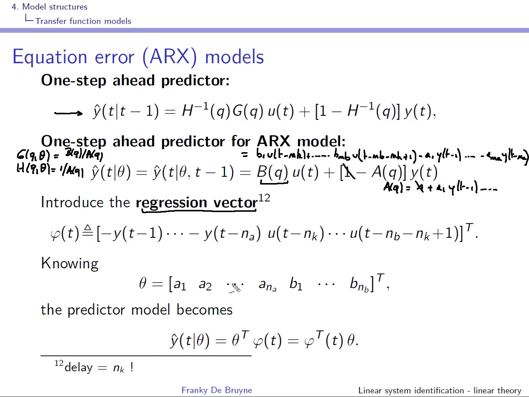We had already defined the parameter vector, which is also a column vector, so both are column vectors. And, you have had a course on linear algebra, you can rewrite this expression as the scalar product of this vector times this vector. So you can write it like this, or you can write it like this.